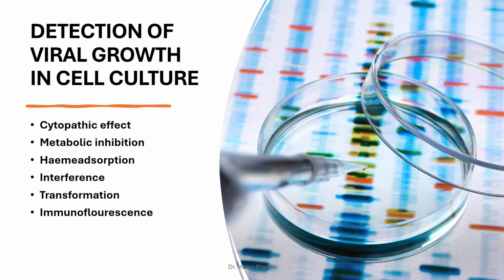Cells from virus-infected cultures can be stained by the fluorescent conjugated antibodies, and they can be examined under the UV microscope for the presence of the virus antigen. This gives a positive result, and therefore this finds a wide application in diagnostic virology.